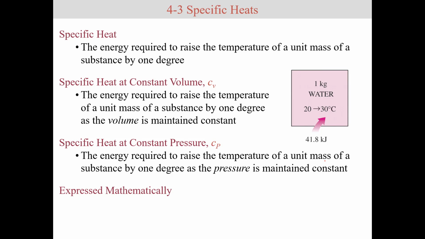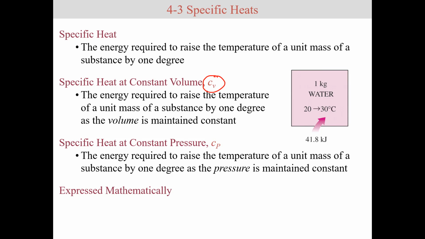And there are two basic types of specific heats that we'll be looking at. One is specific heat at constant volume, which is the energy required to raise the temperature of a unit mass of a substance by 1 degree as the volume is maintained constant.